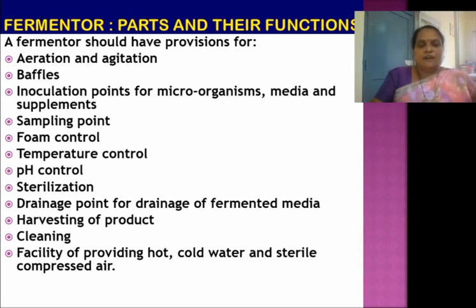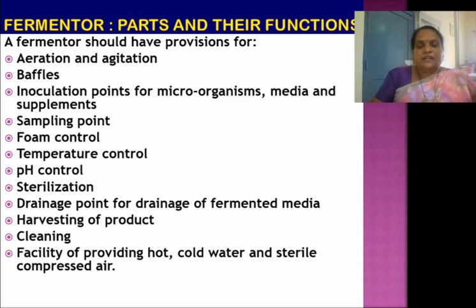A fermenter must have baffles. A fermenter should have inoculation points for microorganisms, media and supplements. There should be a sampling point. There should be provision for controlling the foam. There should be provision for controlling temperature and pH. A fermenter must be easily sterilizable.